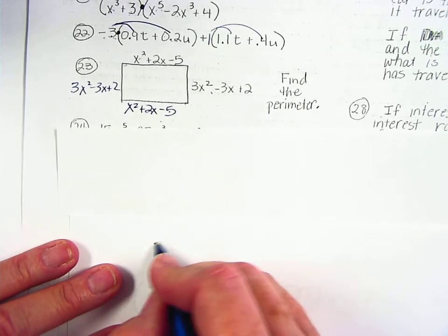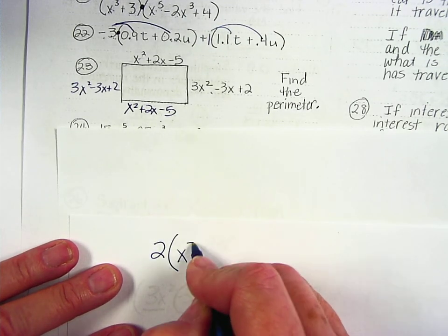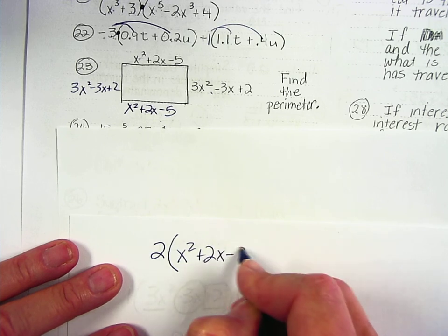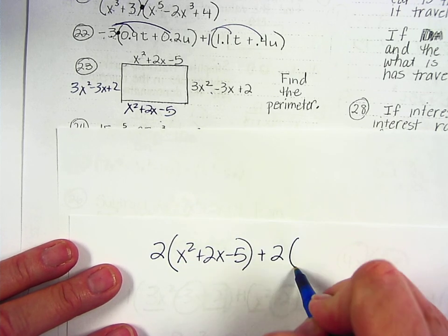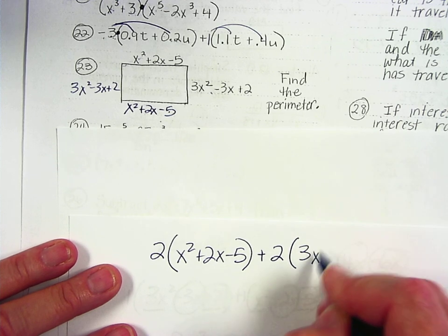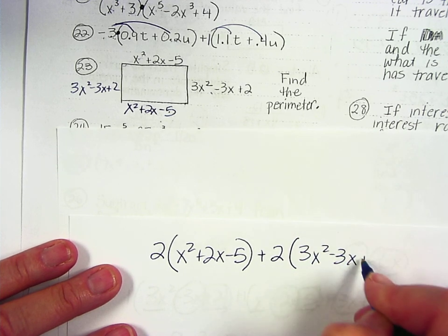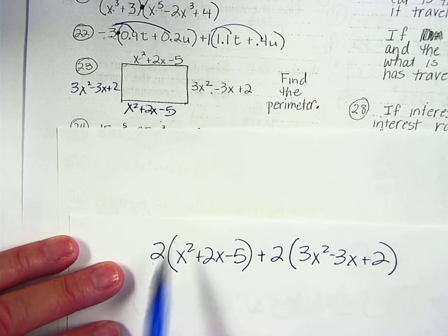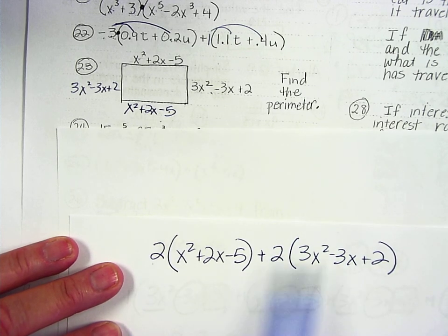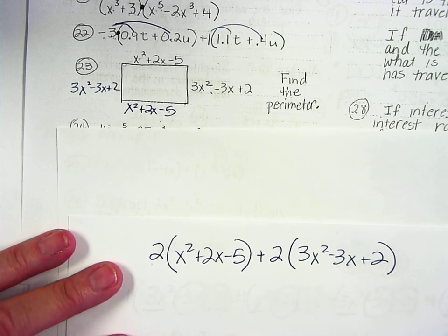So if I have 2 sides that have a length of x squared plus 2x minus 5, and I add that to 2 more sides that have a length of 3x squared minus 3x plus 2, I'm thinking that should give me 1, 2, 3, 4 sides. 2 this length, 2 this length, add it all together, that should give me my perimeter.